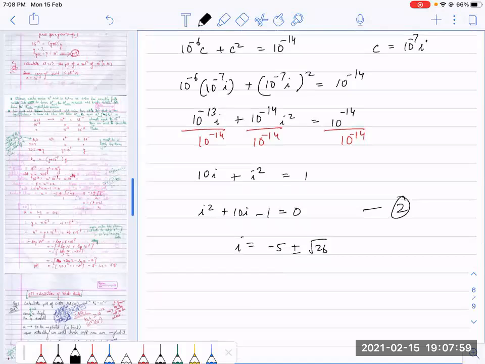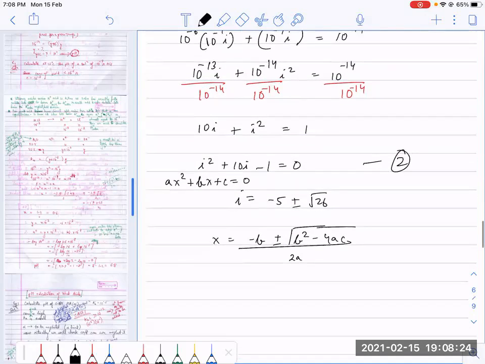Let me check it myself. The general quadratic is ax square plus bx plus c is equal to 0. The roots are x is equal to minus b plus minus root of b square minus 4ac, divided by 2a.